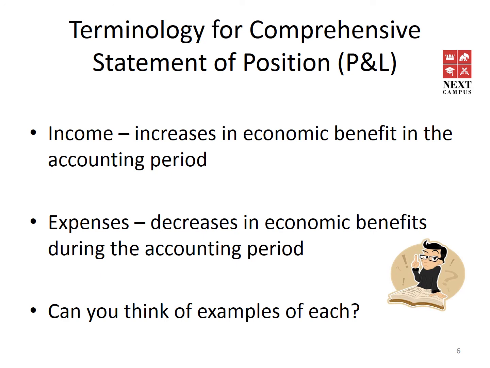Expenses will reduce the economic benefits of the business and will reduce the capital as well. Income examples are revenue and sales of the business. Expenditure examples are traveling expenditure, printing cost, postage, things like that. Income less expenditure is the profit of the business. If it is positive, it's a profit. If income less expenditure is negative, it is a loss to the business.